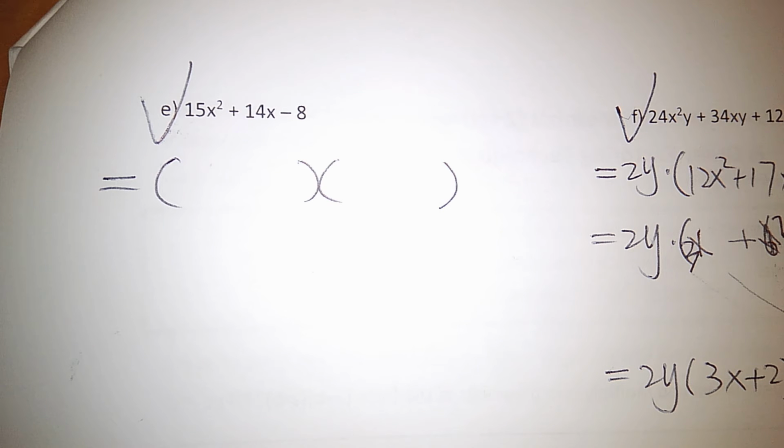15x squared can be factored to x times 15x, 3x times 5x, right? Negative 8, we can get 1 positive, 1 negative factor.